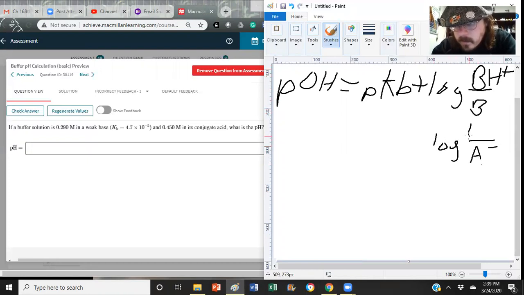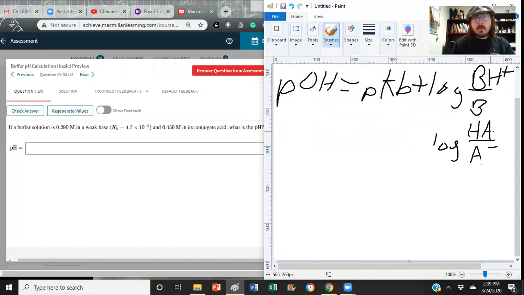Acid on top, base on bottom, and that'll give us pOH. So for this buffer, they give us the concentration of base, the concentration of conjugate acid, and the Kb. That is all we need to solve for this equation.